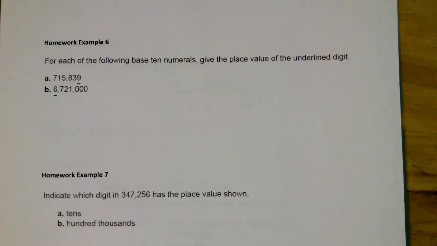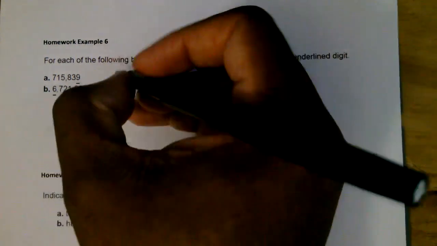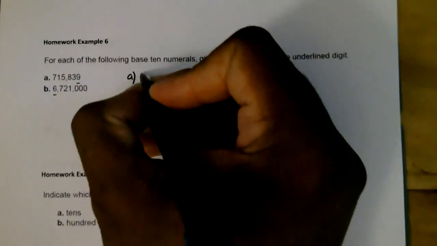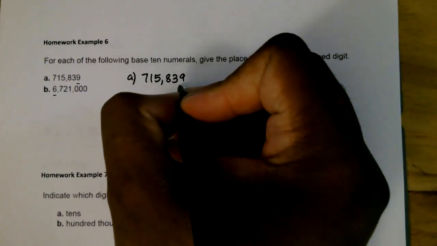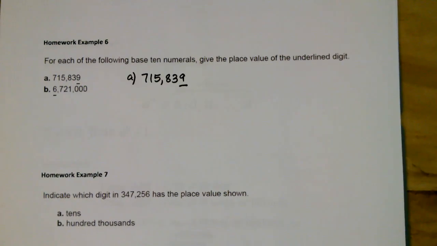All right, on the next page, for each of the following base 10 numerals, you want to give the place value of the underlined digit. Okay, so in part A, we've got 715,839. And notice the 9 is underlined. So we need to identify that place value position.